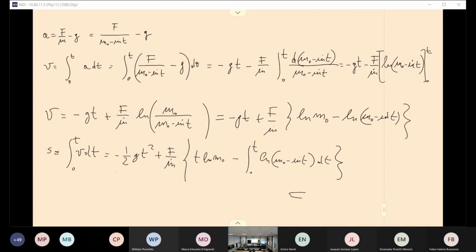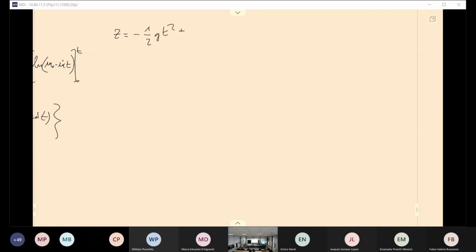And by integration, we can use integration by parts and see that this is equivalent to the following. We see that S over 3, sorry, will be minus 1/2 gt squared plus... So I assume that you can do that integration. Okay, if I give you this exercise, you can solve the integral.